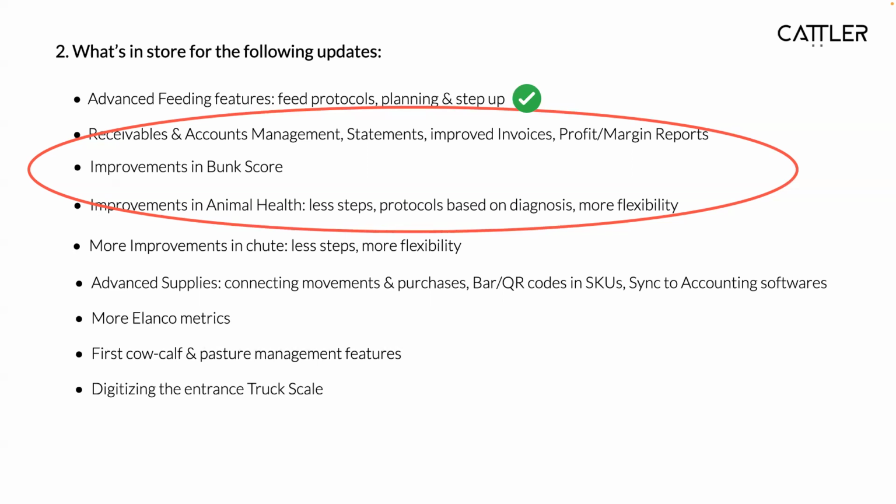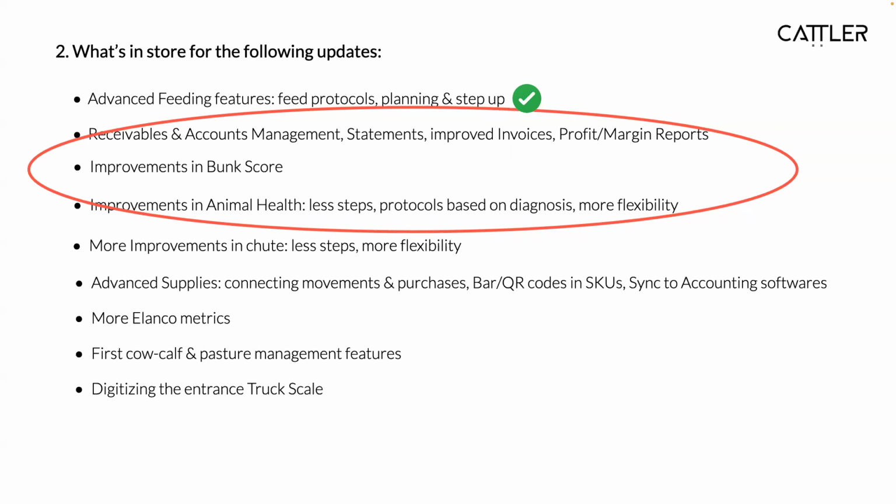Then also improvements in bunk score, which is something that we were kind of owing. We had it for launch a couple of months ago, and then we further improved it, and it just got delayed. And there will be a strong improvement on animal health, not only the section, but all the parts of the app where animal health has a role.